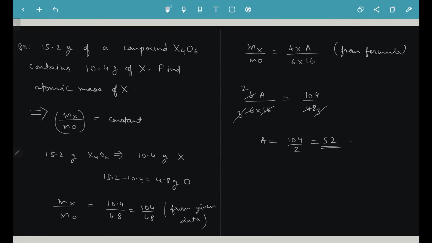Look at one more question. Compound A3B contains 60% by mass of A in it.